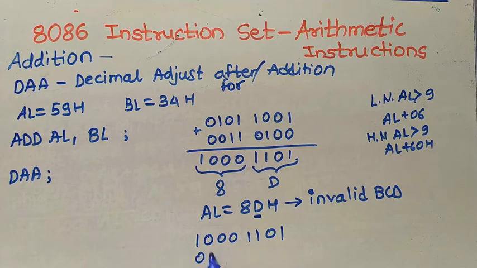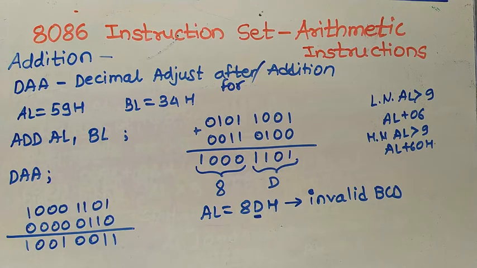So 0000 0110 is added, and after this addition we will get this result. Wait, I will write it down properly. So here it is, this is 8D and it is 06H. In this 06 is added, and we will get this result.